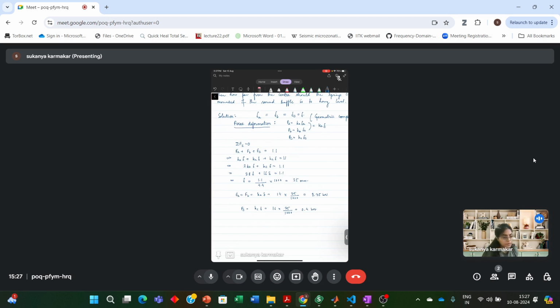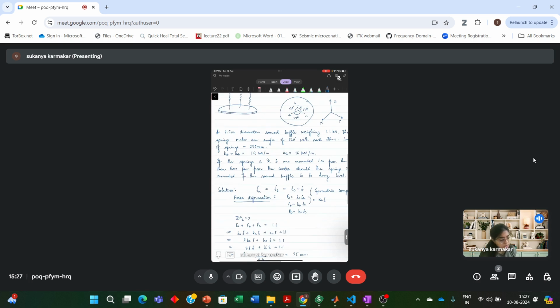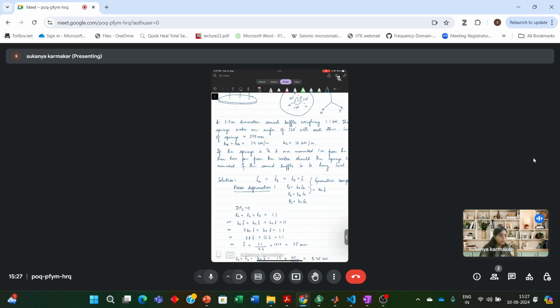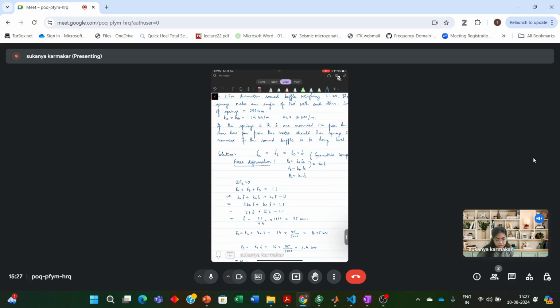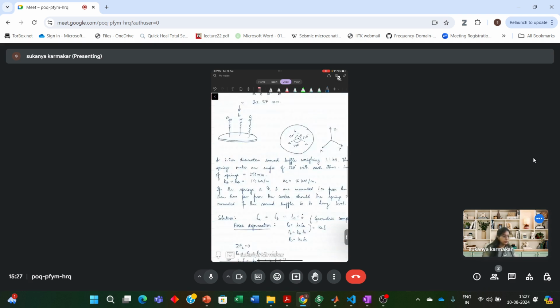Now, once you have the force in the springs, you can take the moment, write down the moment equilibrium equation about the point O. So, summation of moment about the point O, because of this force along this direction, this and this.